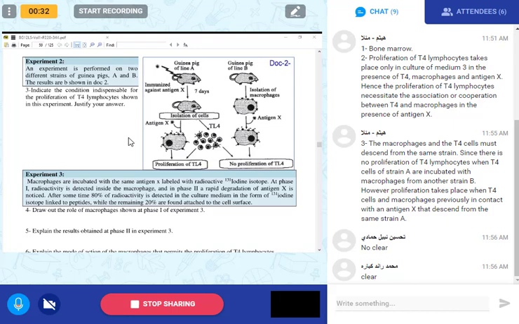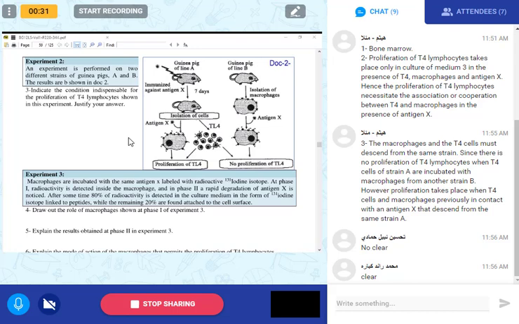It says in the macrophage. Sorry? It turns the macrophage... now what happened? Professor, first there was radioactivity in the macrophage, meaning the macrophage engulfed the isotope. It engulfed the antigen containing the radioactive isotope.